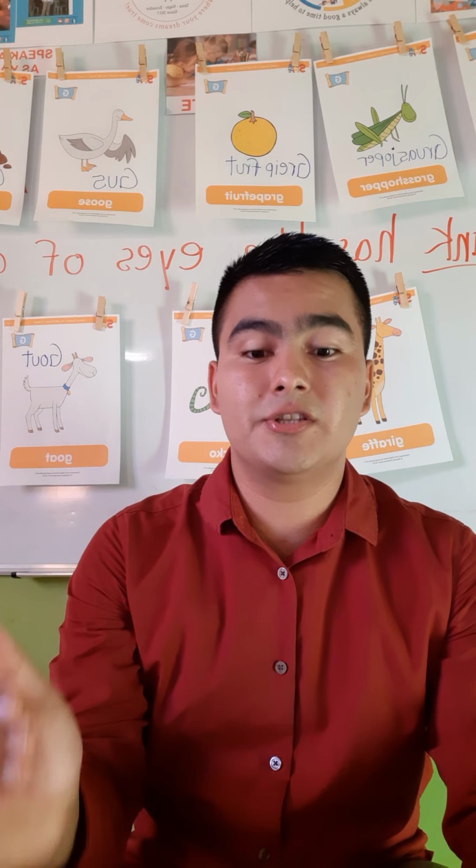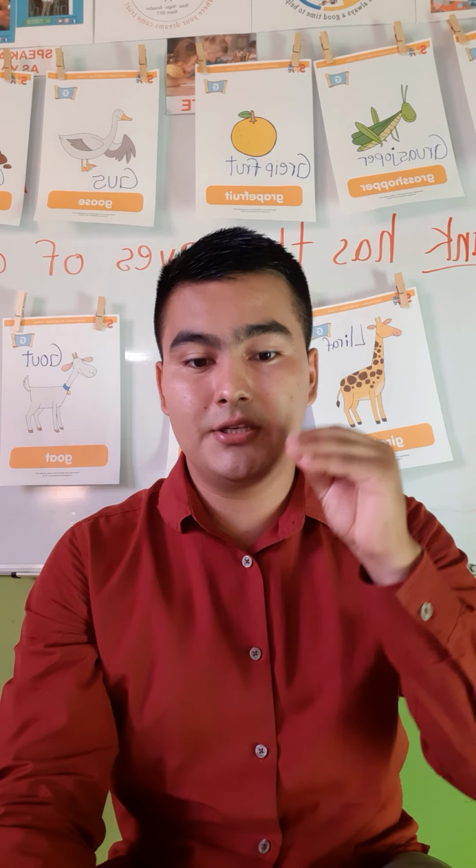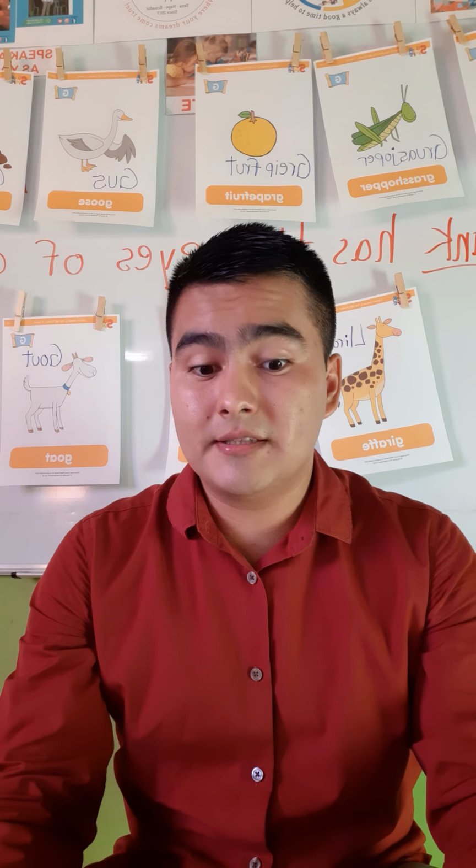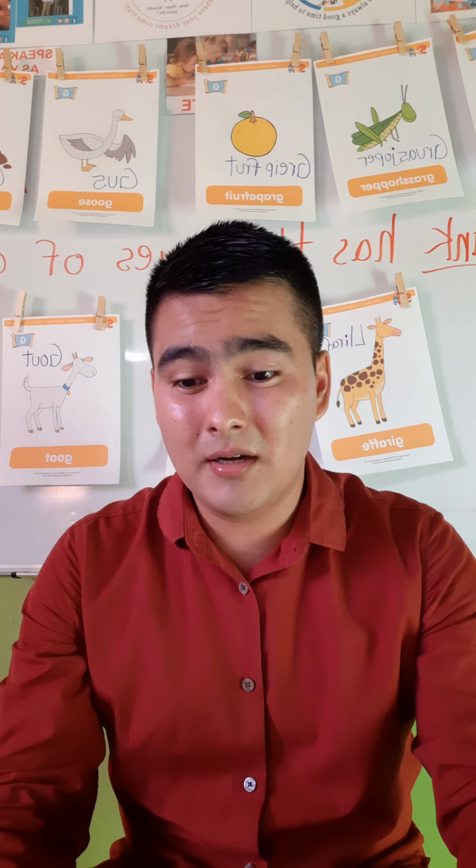The advantage of this method is that speech and listening comprehension are important. When speaking English, it's very important to have speech and listening as well. The disadvantage of this method would be that grammar is taught inductively. That means you just go directly to grammar. That's not very nice to teach our students.